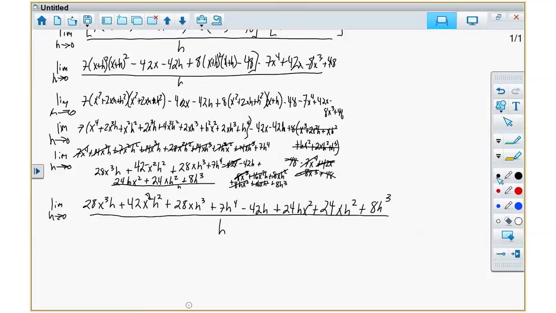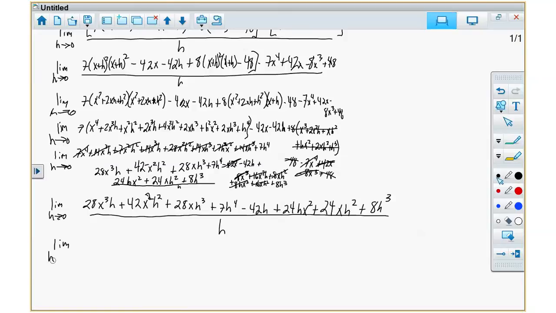Do y'all see anything that can combine? xh squared. These two right here, are those the same? No, they're not the same. Okay, is there any other? So let's go ahead and factor out. Looks like, can we factor out h? That's one way to tell if you know what you're doing or if you're along the right track.